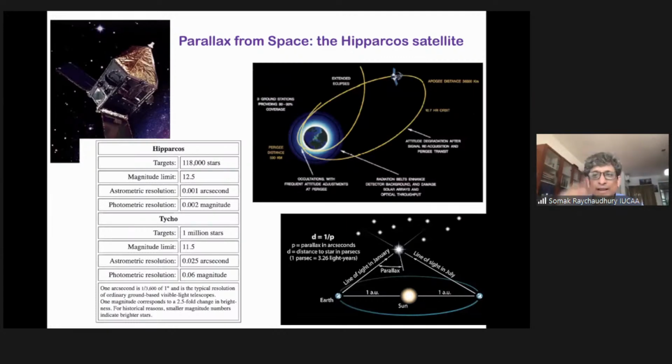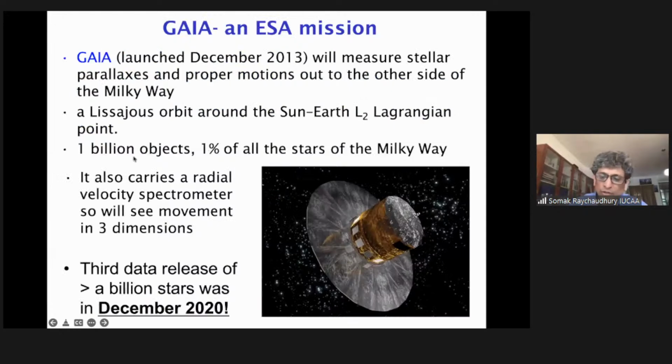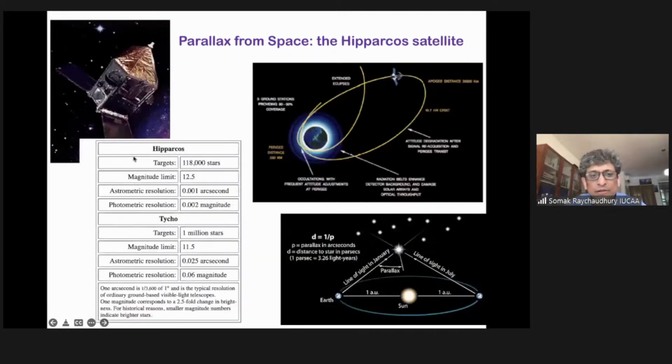I'm going to talk about that at some point later on. The astrometric resolution of Hipparcos was a 1,000th of a second of arc, which you can never get from the Earth. Mostly by repeated measurements, you can go down to about a tenth or slightly below.